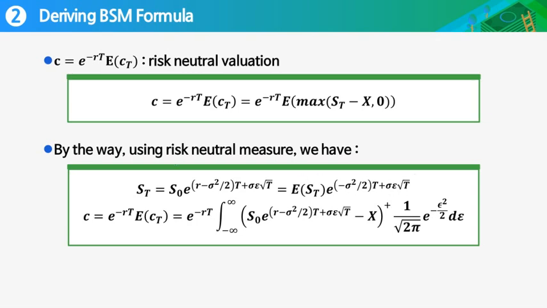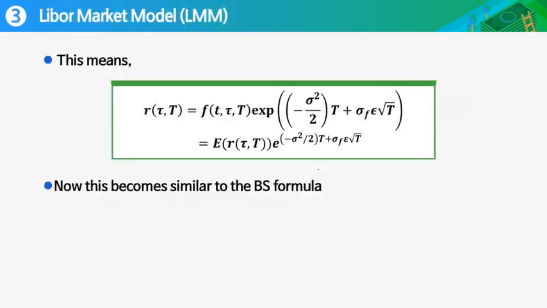And it is exactly comparable to our Libor market model. So we decompose this future interest rate into the forward rate and the mean 1 part. Again, this is because we are assuming that we are living in the T forward risk neutral world. So it is the expectation of R tau t and then a mean one part. So we can decompose this one. Now this becomes very similar to the Black-Scholes formula.